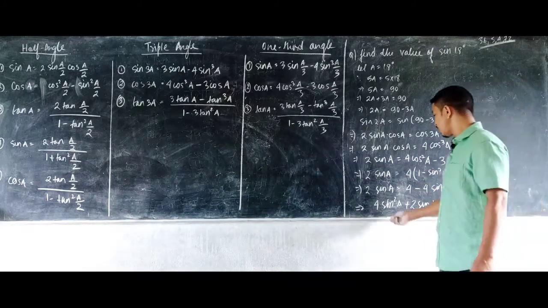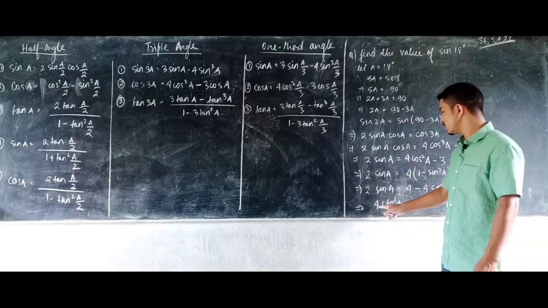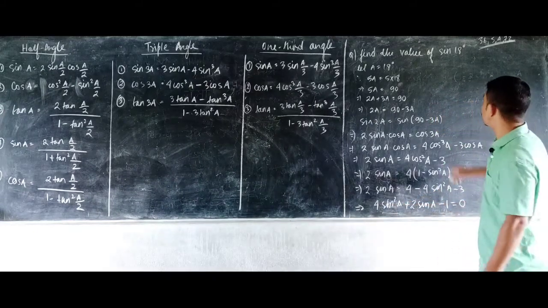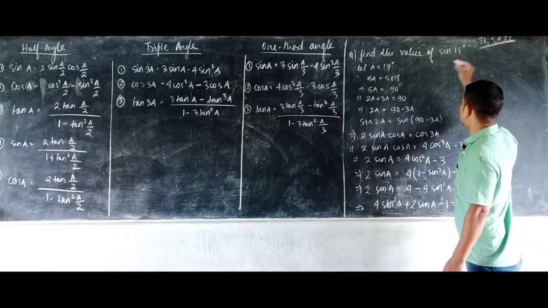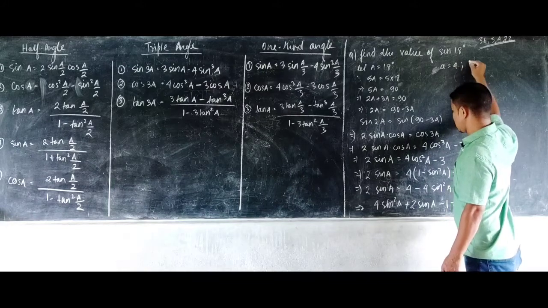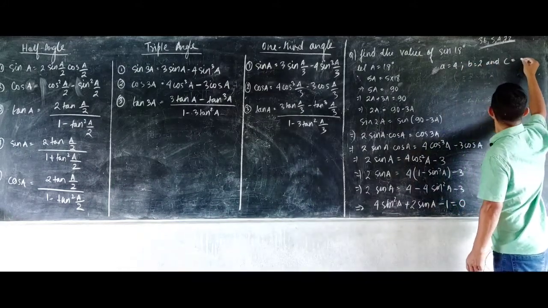Here, if I consider sin A as x, I will get the equation 4x² + 2x − 1 = 0. So using the quadratic formula, here a equals 4, b equals 2 and c equals −1.